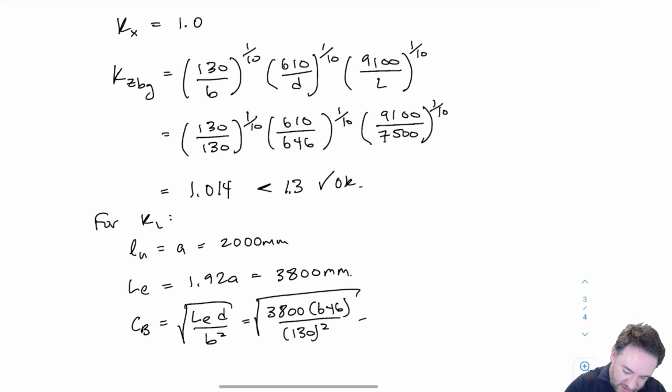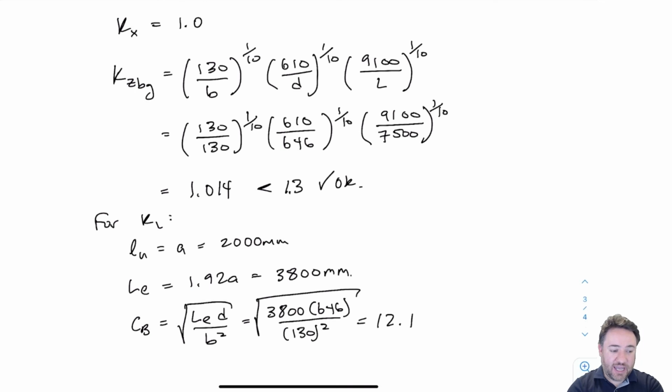And I sub all that in and I get 12.1. Now you remember that the requirement for us having no lateral torsional buckling is that CB should be less than 10. So we are at 12.1, which means we do have some reduction to account for inelastic lateral torsional buckling, or the intermediate case of lateral torsional buckling.